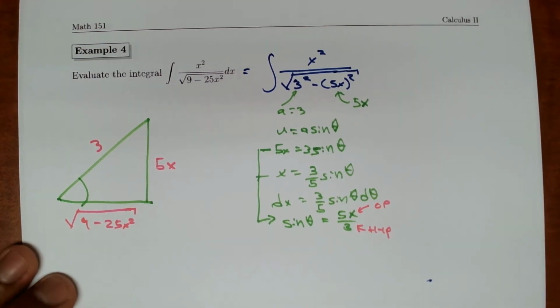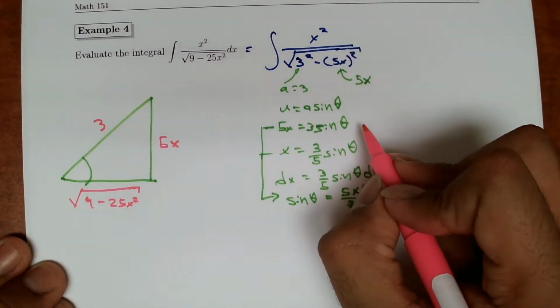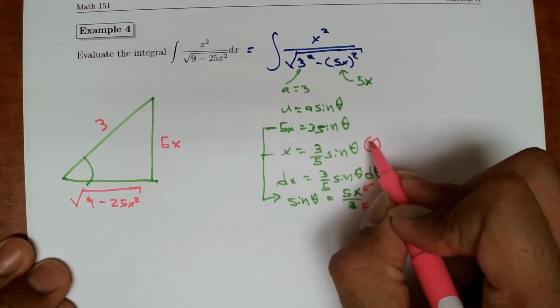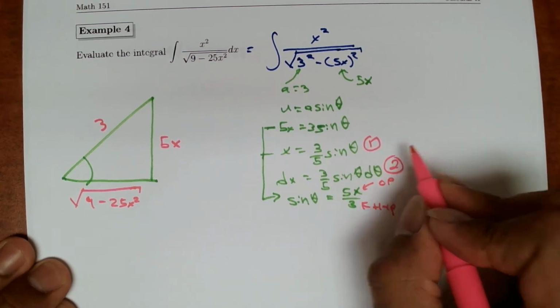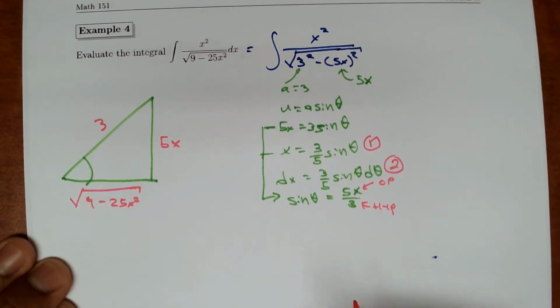Alright, also we need another piece of information. So this is 1, this is 2, and number 3, we need the quotient between the radical and the constant term.